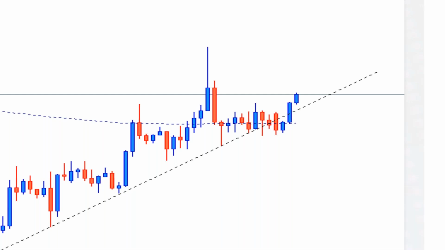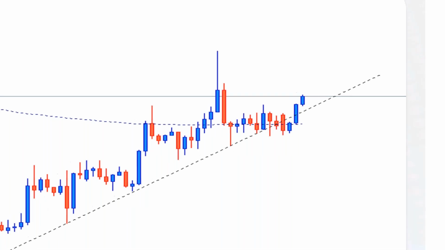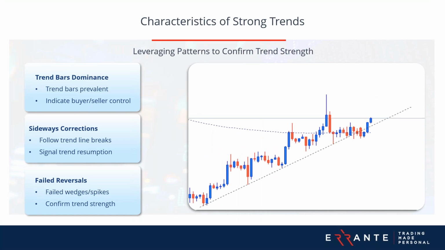Instead, the market just resumes the current upward trend. And you can expect this type of market structure to happen a lot during a very strong trend.